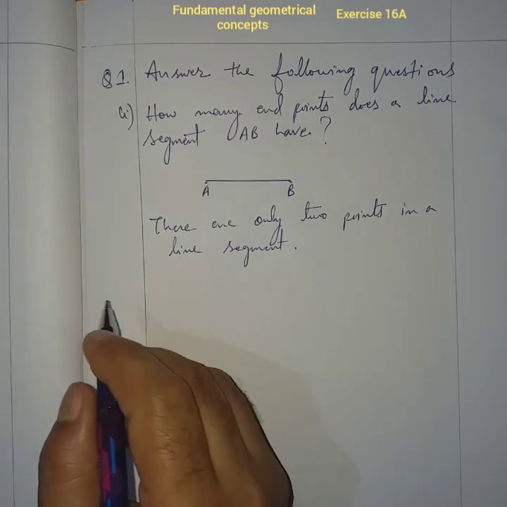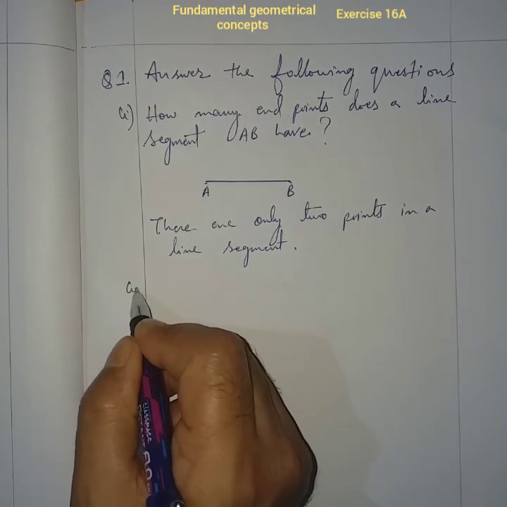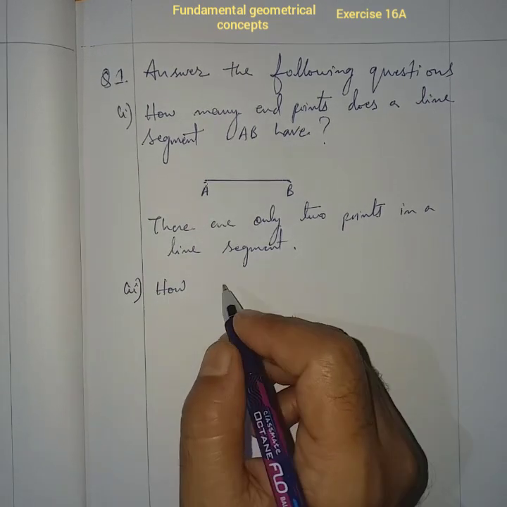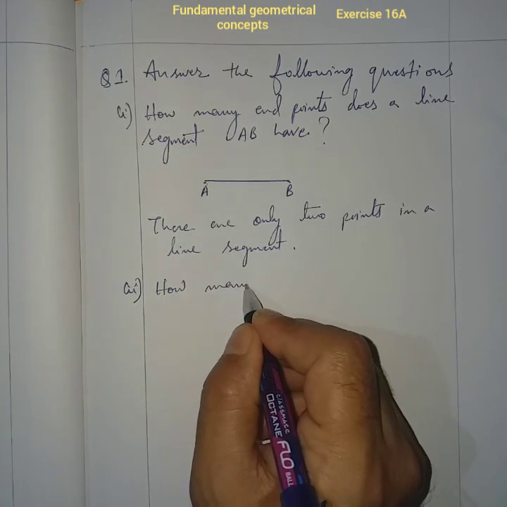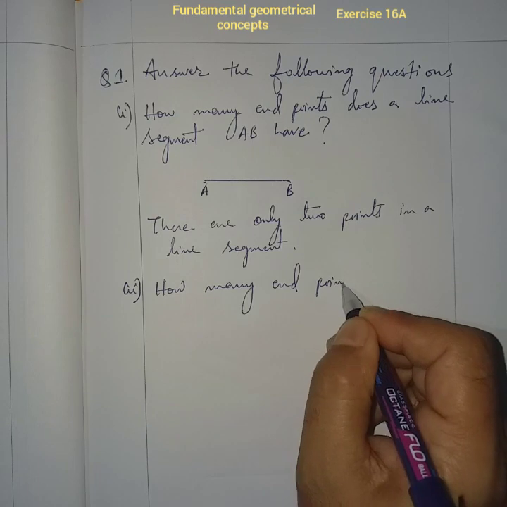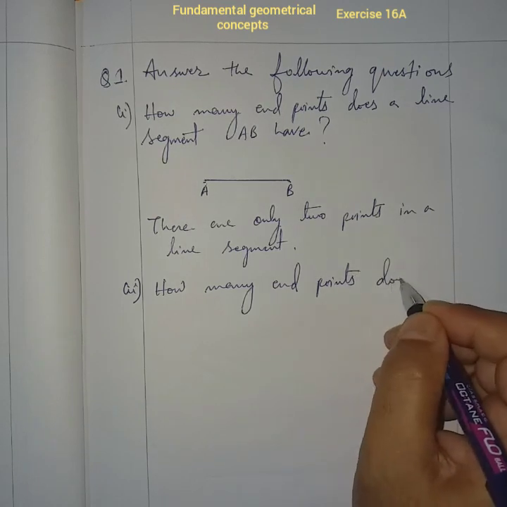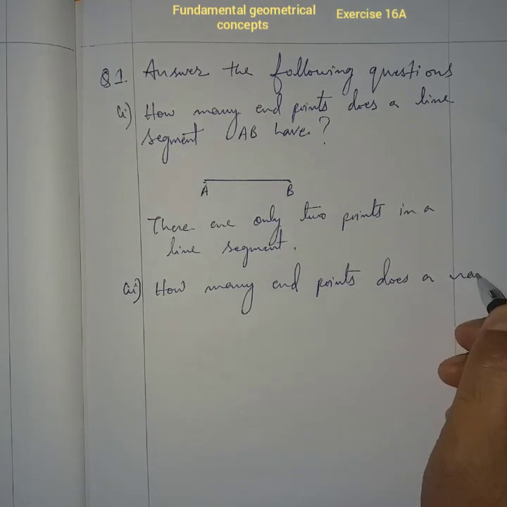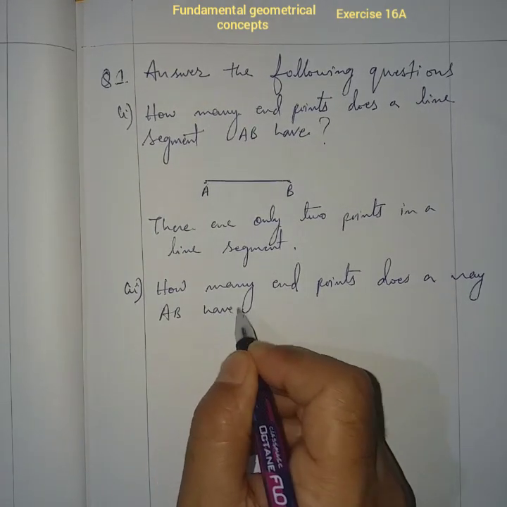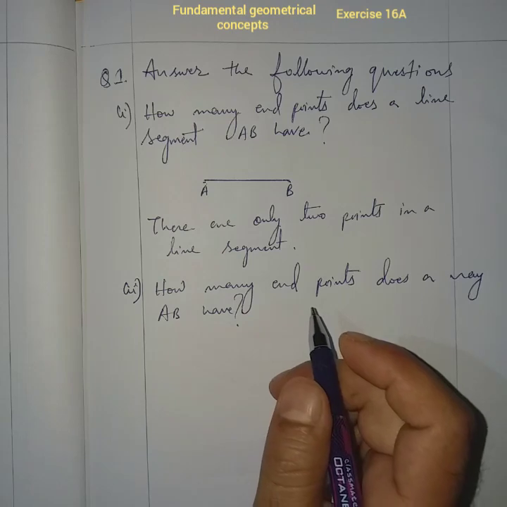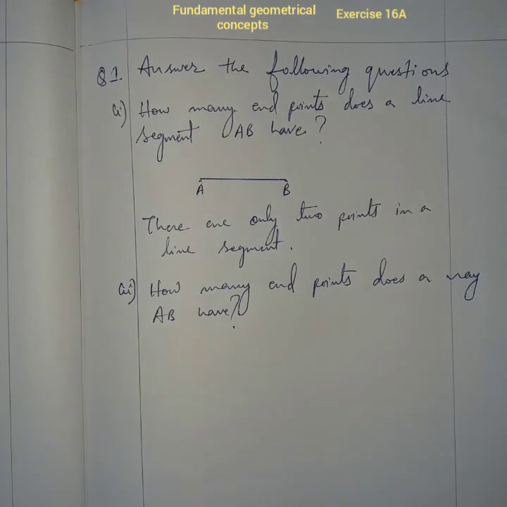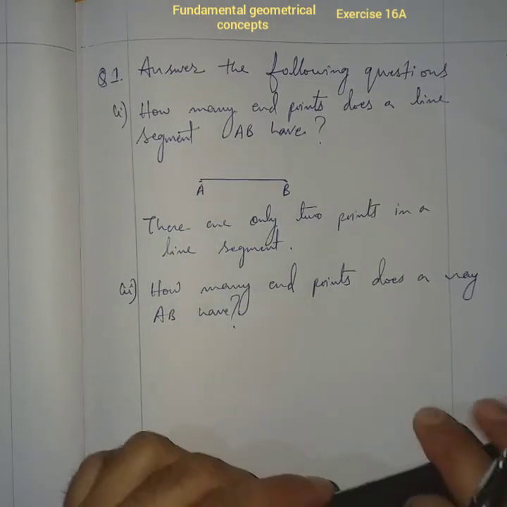Now, how many endpoints does a ray AB have? Okay. For this, let us draw a ray at first.